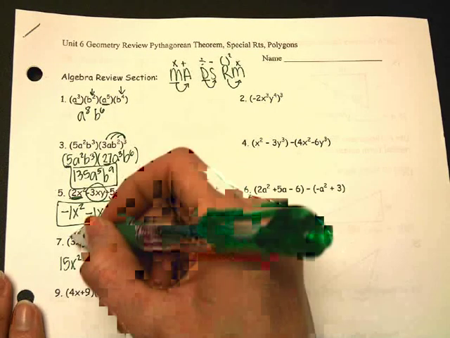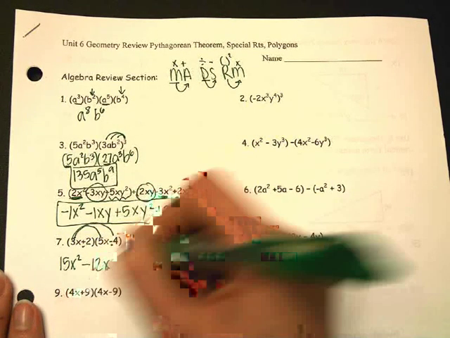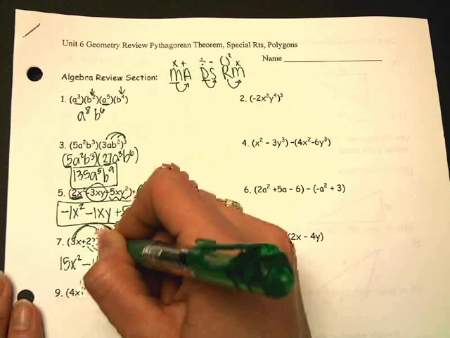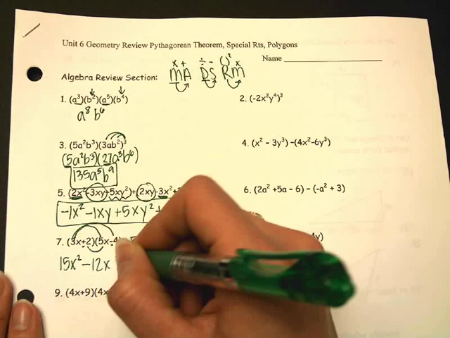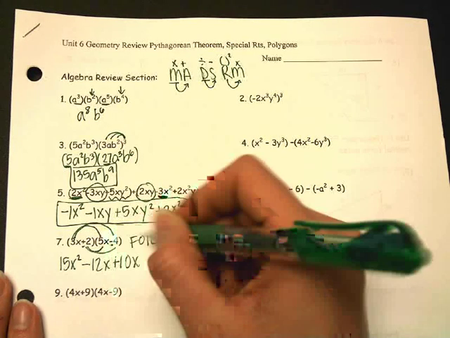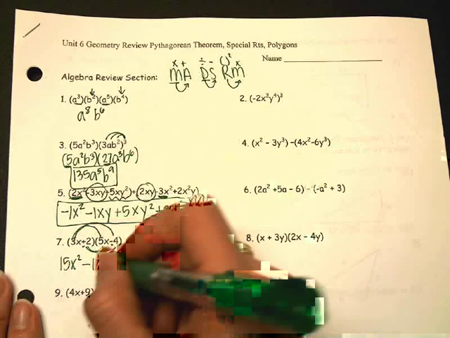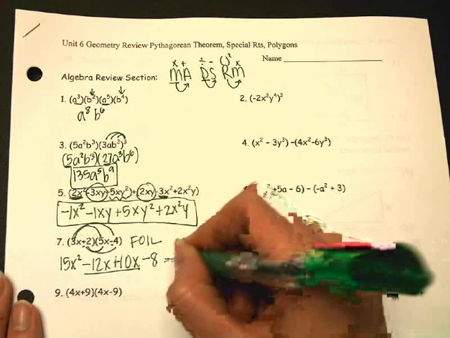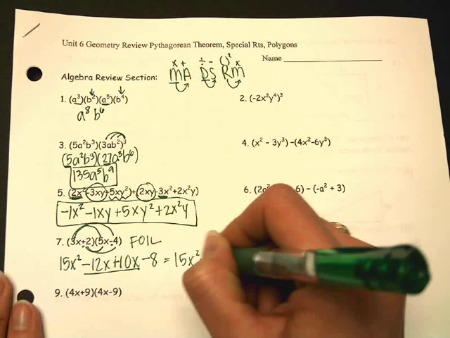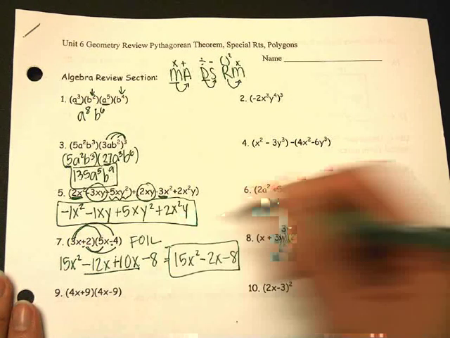Then we've got 3x times negative 4 to get negative 12x. 2 times 5x is 10x, and that's a positive 10x. 2 times negative 4 is negative 8. Then we'll combine our like terms to get 15x squared minus 2x minus 8 as the final answer.